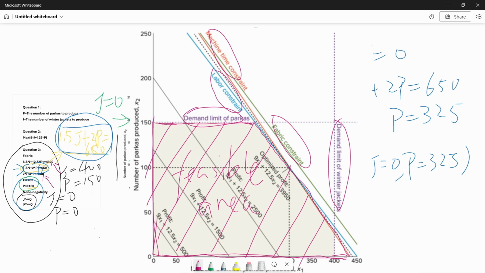Okay, so for the requirement for this class, we only want you to know where the feasible area is, but since this lecture will give you more information about the feasible area, I want to talk about why this feasible area is very important. Because after we know the feasible area, the next task will be to identify your objective function, and the optimum will always happen at those corner points. Okay, those corner points.